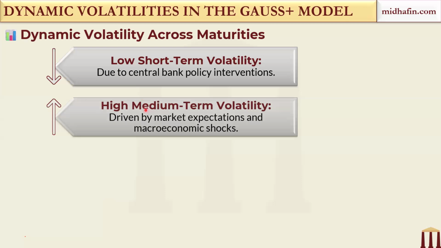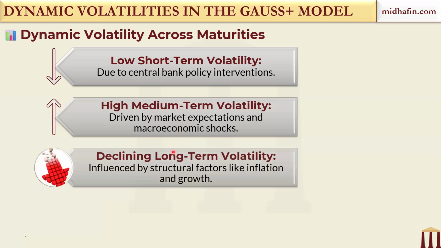Medium term rates exhibit higher volatility due to shifting market expectations and some macroeconomic shocks. Long term rates show declining volatility because they are influenced by structural factors like inflation and long term growth.